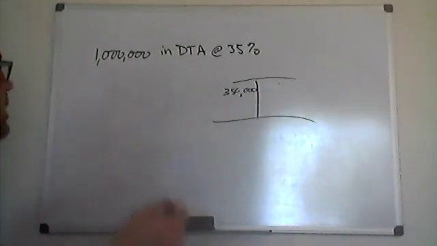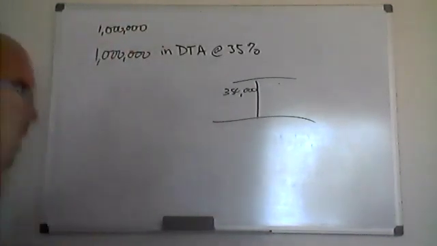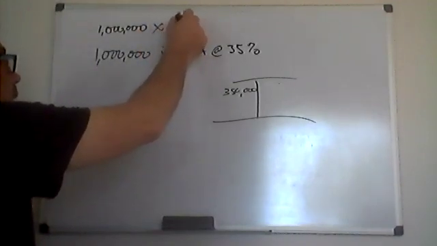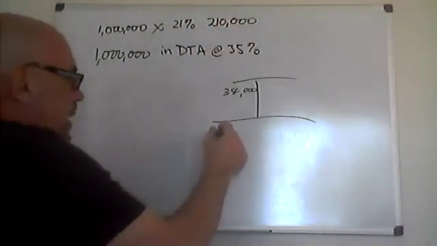When the tax rate changes, we still have the same future deductible amounts, we still have $1 million, but now when you multiply by 21%, you get $210,000.